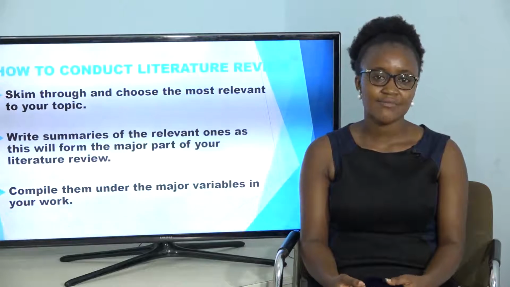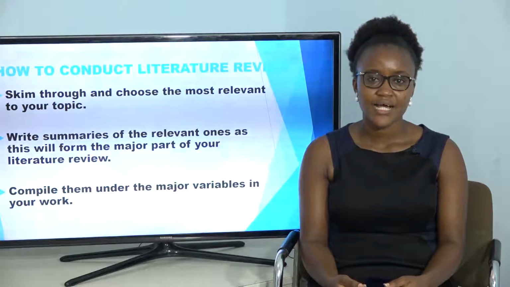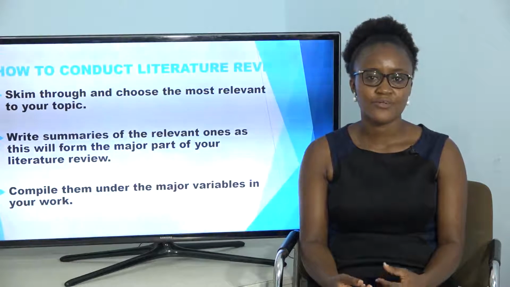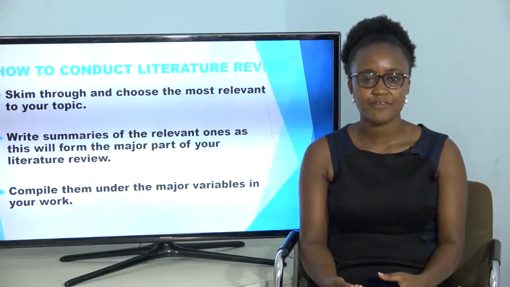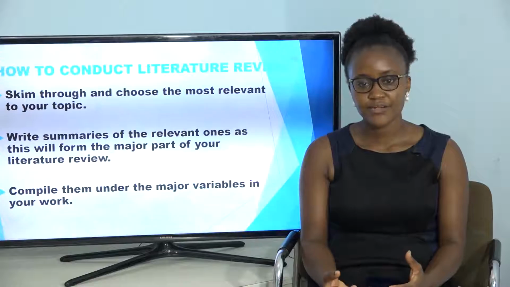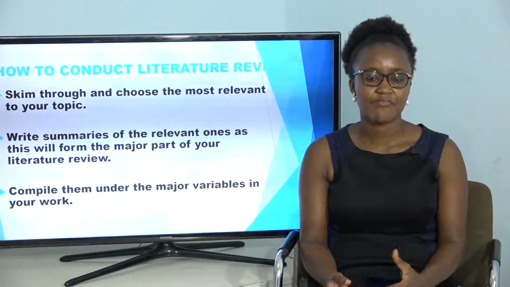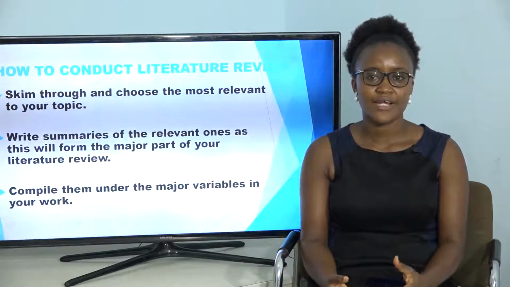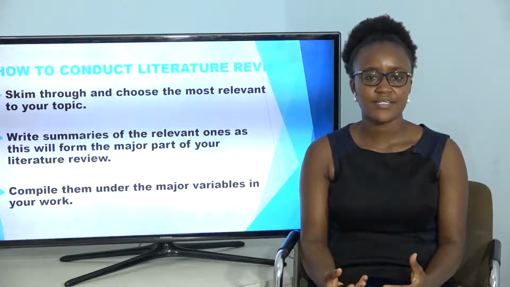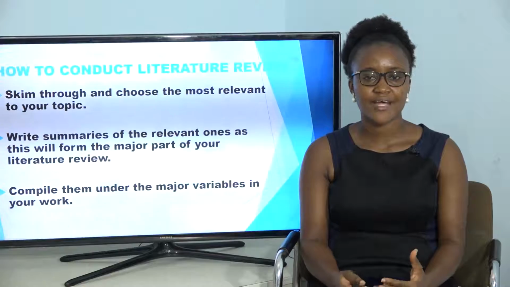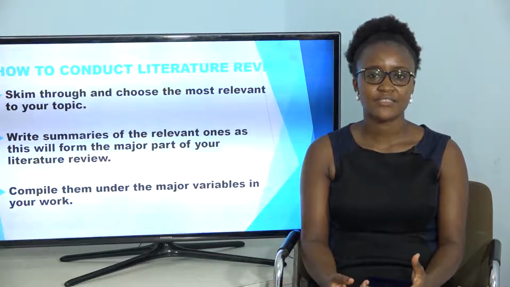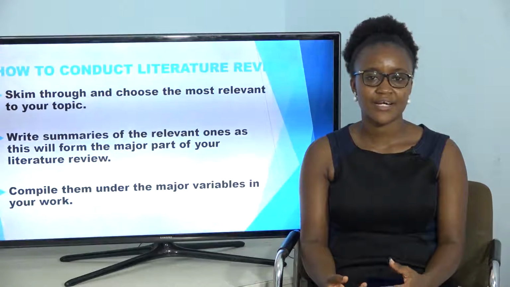So you write summaries of the relevant ones as they will form the major part of your literature review, and you compile them under the major variables in your work. So for example, we are looking at information-seeking behavior of pastors. We know and realize that information-seeking is one key area, one of our keywords. So under that, we are looking at information, we are looking at the seeking behavior and all that.